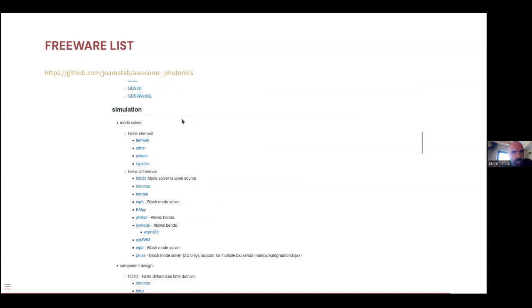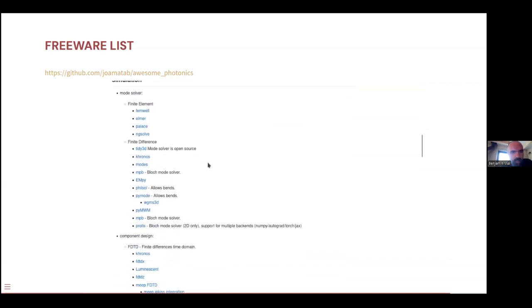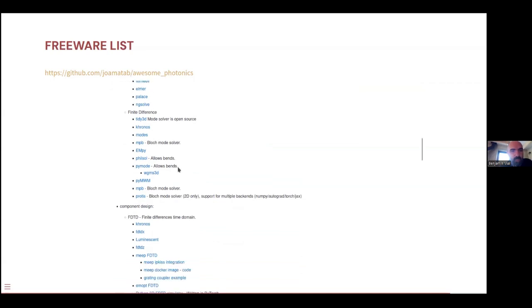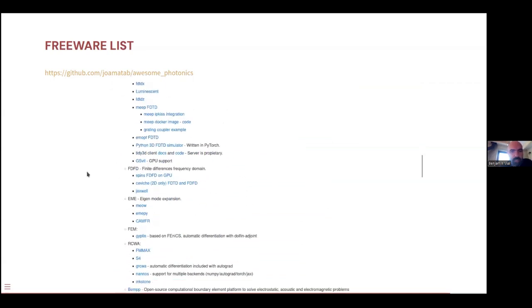And for what mostly interests me, it's mostly the simulation codes. It's sorted with different numerical methods. So it's a very interesting tool. And if you've got your own open source software, you can go there, open a pull request, and add it to the list so people can find it.